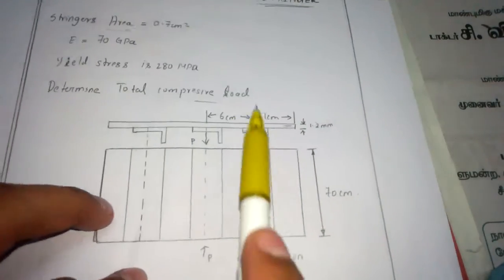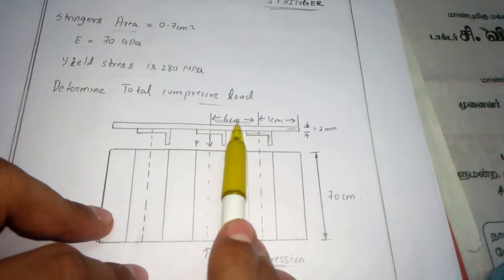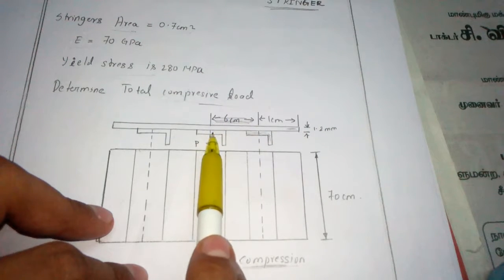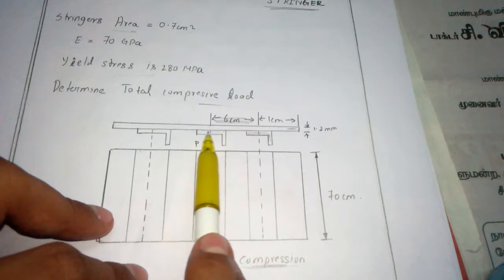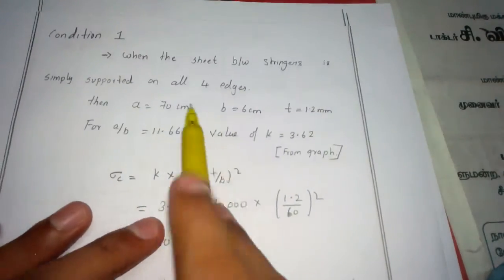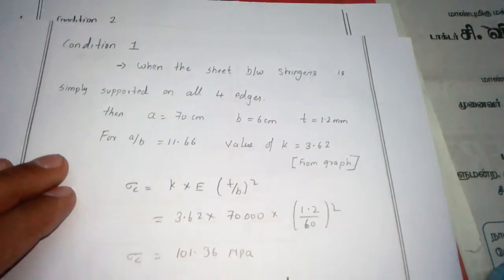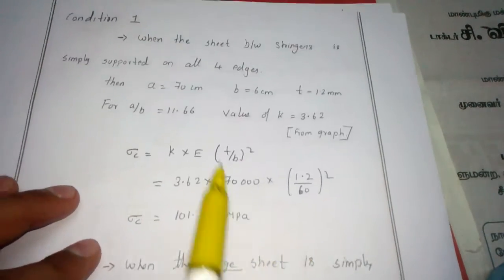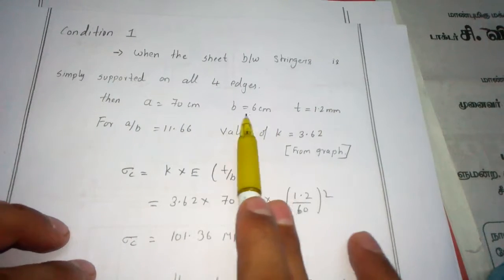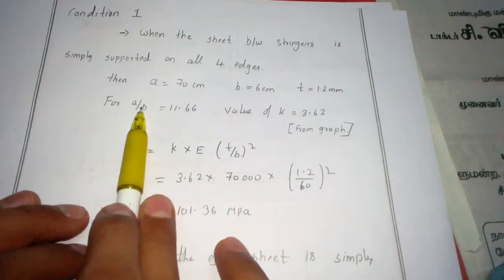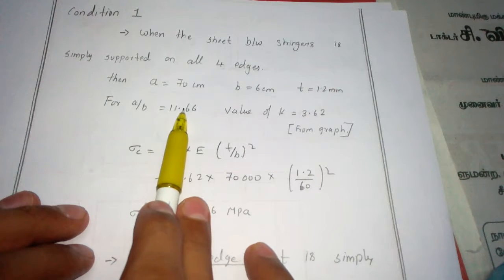Here B will be 6 centimeter. All the sides will be simply supported. So we get A is equal to 70, B is equal to 6, and A by B is equal to 11.6.